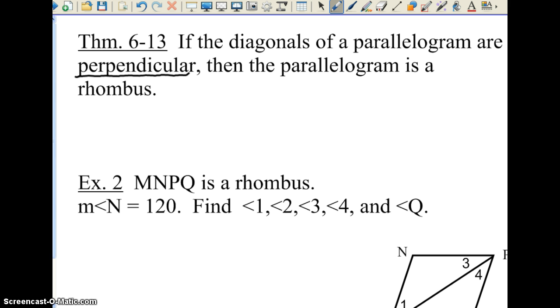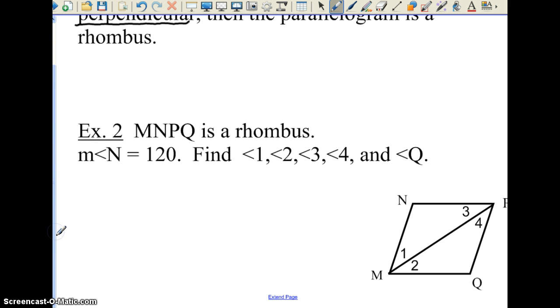Example 2. MNPQ is a rhombus. Angle N is 120, so we'll label that as 120. Parallelogram, the opposite angle is the exact same. It's also 120. We said this thing is a rhombus, so we know those are there.